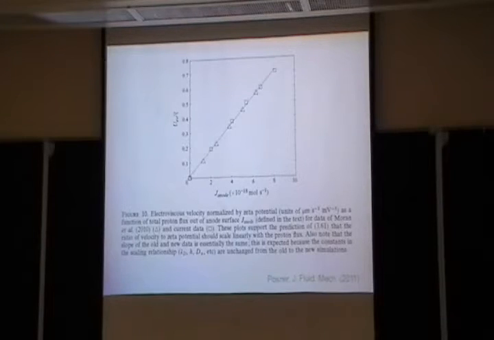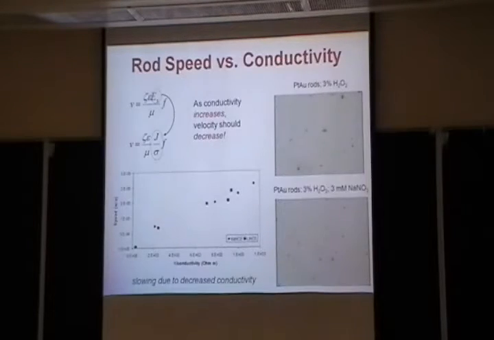You can plot it in a different way. The ratio of speed divided by the zeta potential over the current, and it's the same relationship. Essentially, you get a straight line. So it looks like this mechanism that I suggested, the electrokinetic mechanism, is a reasonable one for these systems.